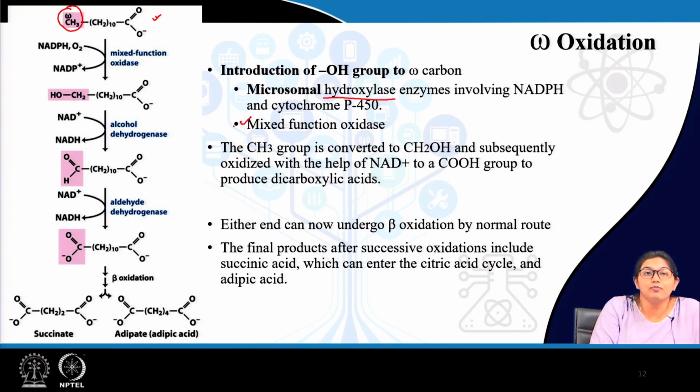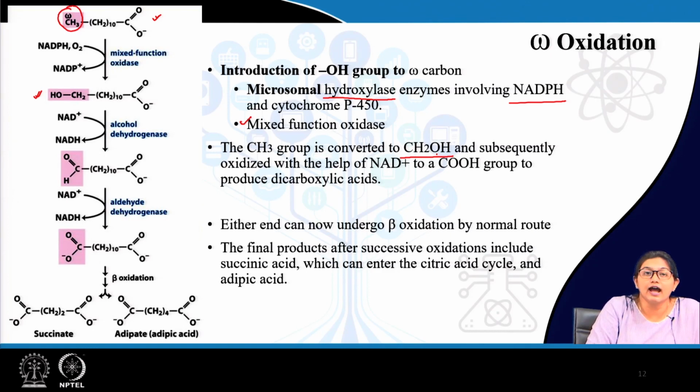Now, with the help of this mixed function oxidase and NADPH, there is formation of an alcohol. So, this methyl carbon is converted to methyl alcohol with the help of mixed function oxidase.